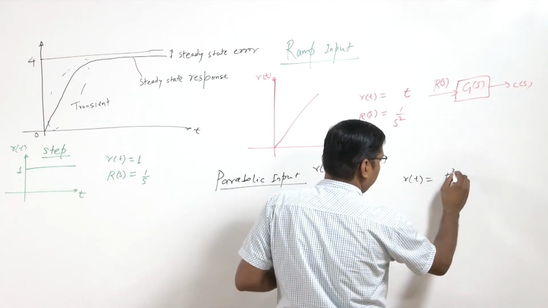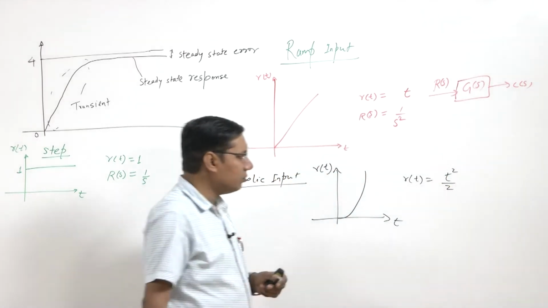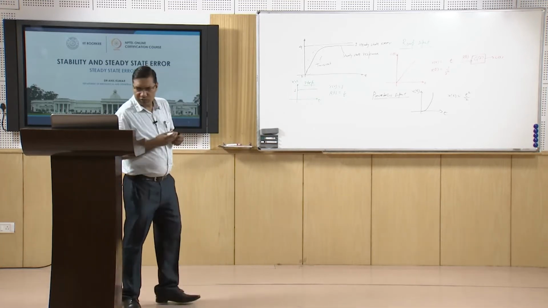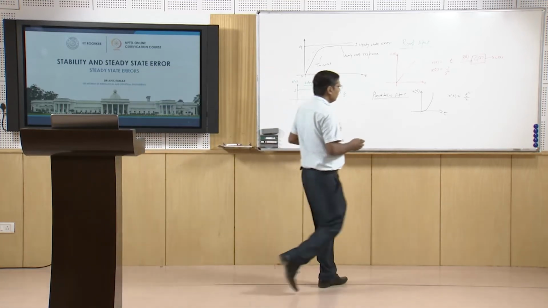Let us say r(t) is half t square, and so its Laplace transform is 1 by s cube.